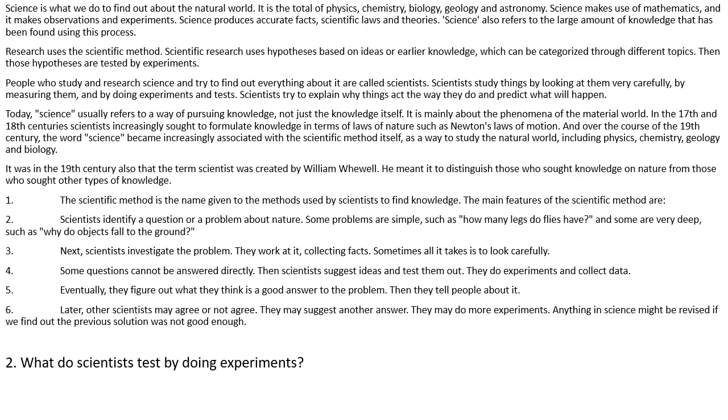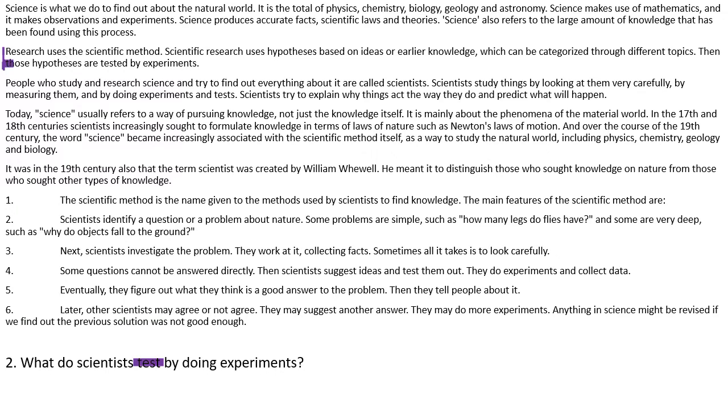Two. What do scientists test by doing experiments? So the key word here is test. Can we see that in the passage anywhere? Well, it says here, research uses the scientific method. Scientific researchers use hypotheses based on ideas or earlier knowledge which can be categorized through different topics.